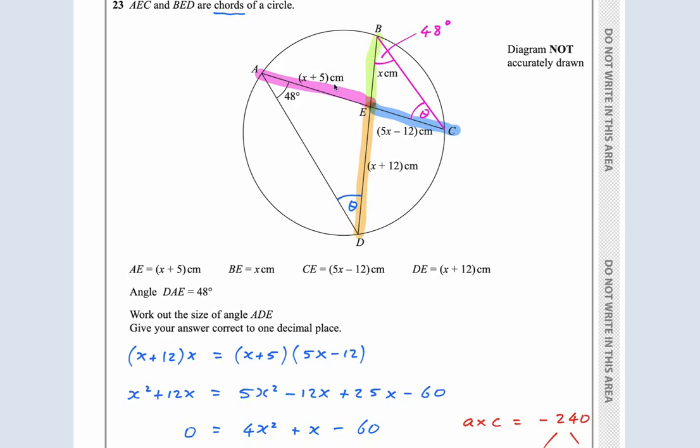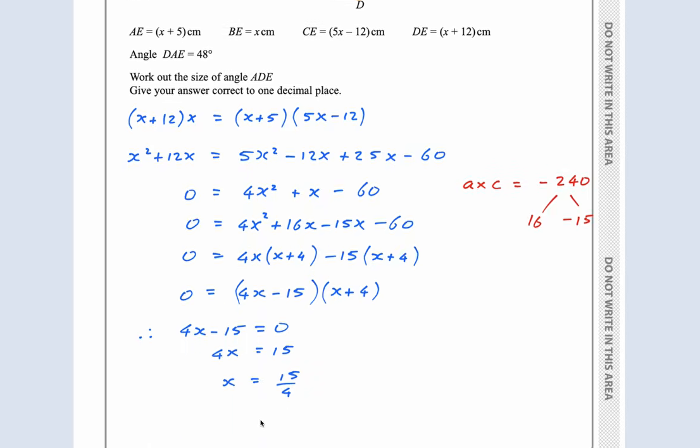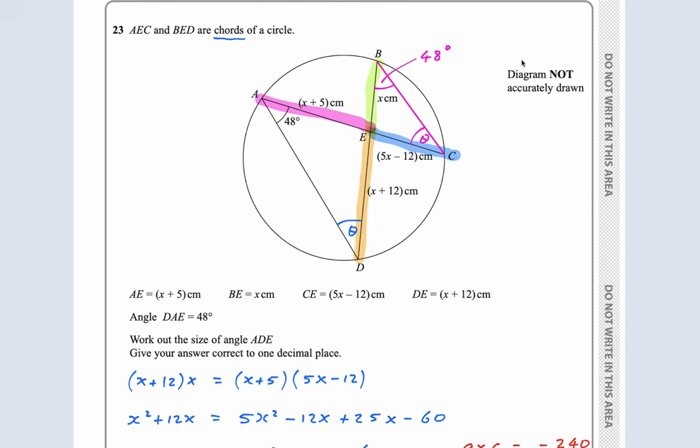Okay, so now I have 15 over 4, guys. Let's write that as a decimal. This is 3.75. Now I have this triangle where this length is 3.75 plus 8, which is 8.75. And this length is 3.75 plus 12, which is 15.75.